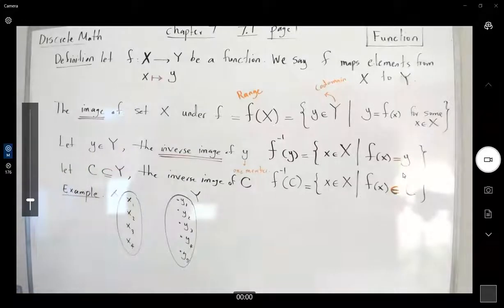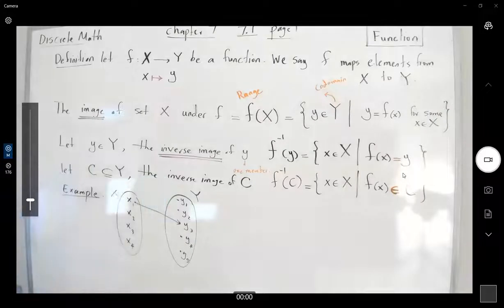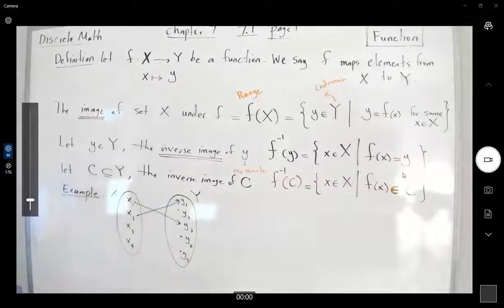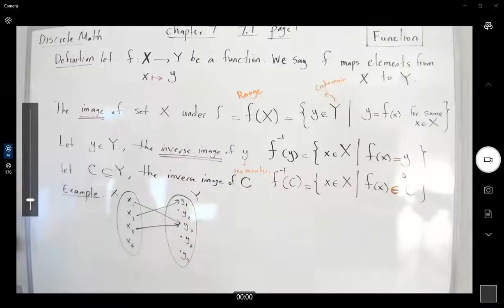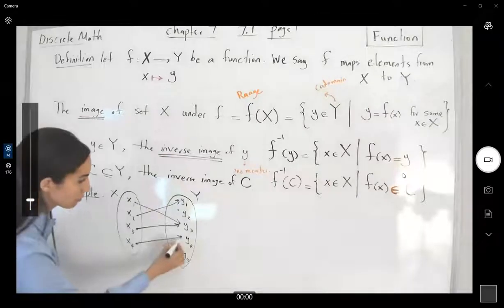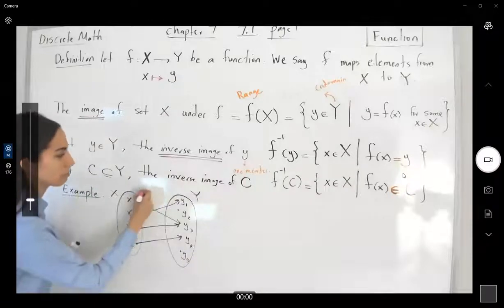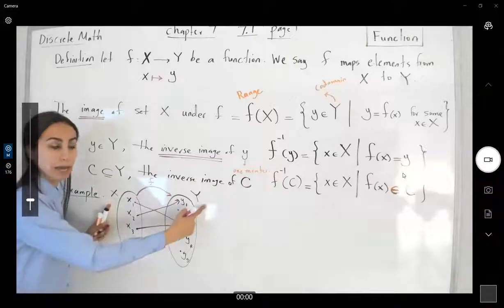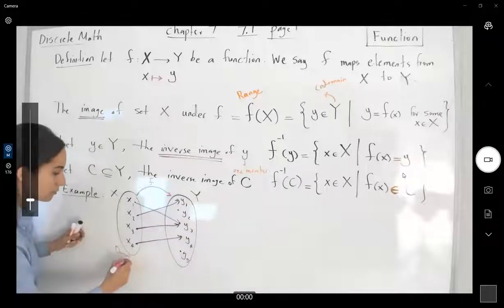Then x1 goes to y3, x2 maps to y1, x3 maps to y3, x4 maps to y4. So this is your recipe. This is your machine, f, that maps elements from X into Y. So this is your domain, and this is your codomain.